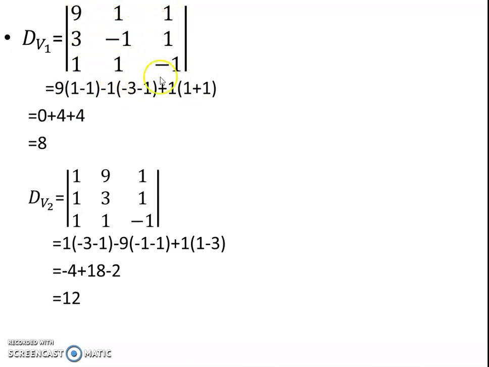Is it right? 3 into minus 1, minus 3, 1 into 1 minus 1, because the middle is minus. And we have to take the minus 1 outside the second term. First row and last column, the center of the first row and last column is 1. We have to write here 1. Remaining terms are 3 minus 1, 1, 1.